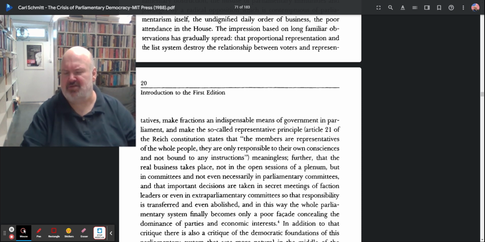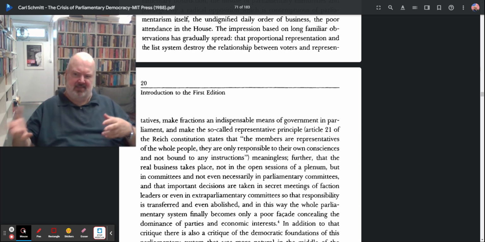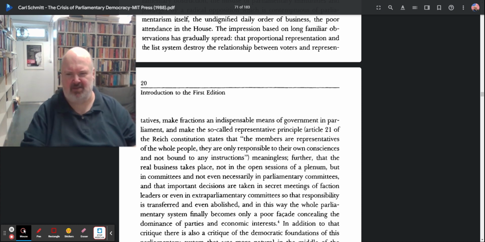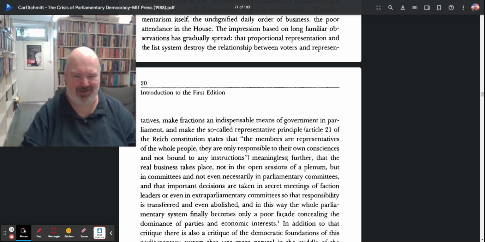Now, this is Duverger's law, right? Duverger's law produces this kind of two-party model. His famous argument is that if you have single member districts with a first past the post system, the tendency is to produce a dominant majority party and a competitive party, a two-party system.